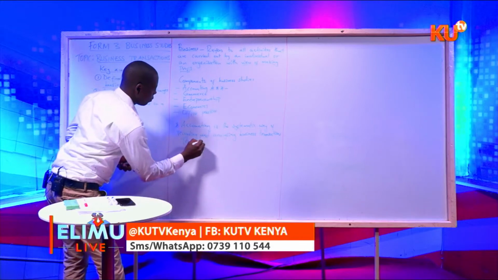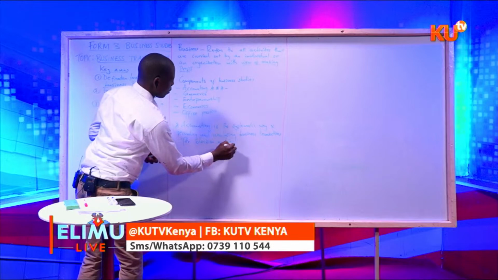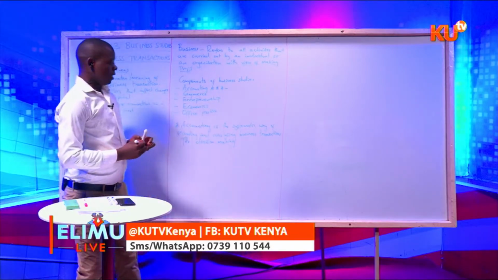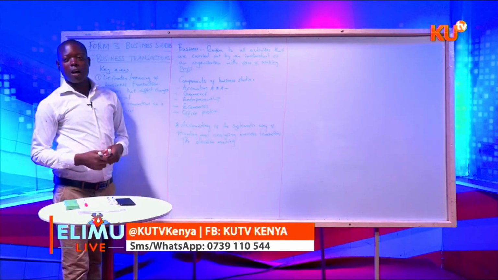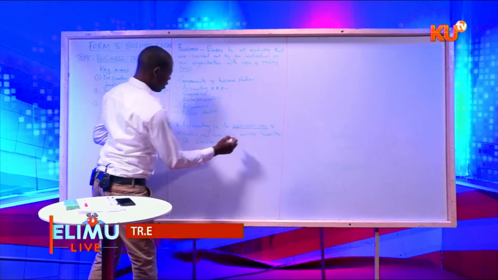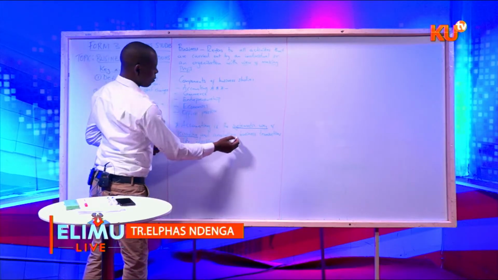That is for decision making, to aid in decision making. So this is the description of accounting, and it has to be systematic. It has to be in an order, and what we do is we record and we analyze.